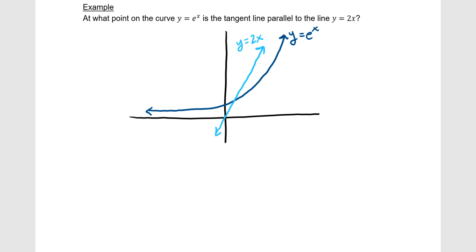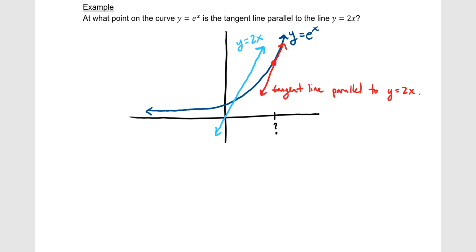So maybe just by taking a quick glance at it, we should say maybe this point right here, because if we drew this tangent line, it might look something like this, where it's parallel to the line y equals 2x. So we're going to be looking for this x coordinate right here that makes those two lines parallel.